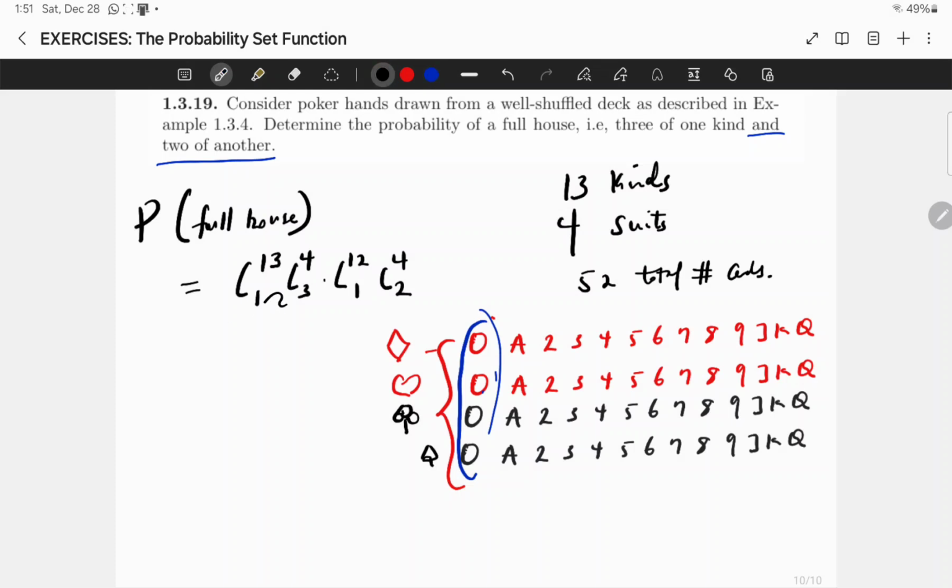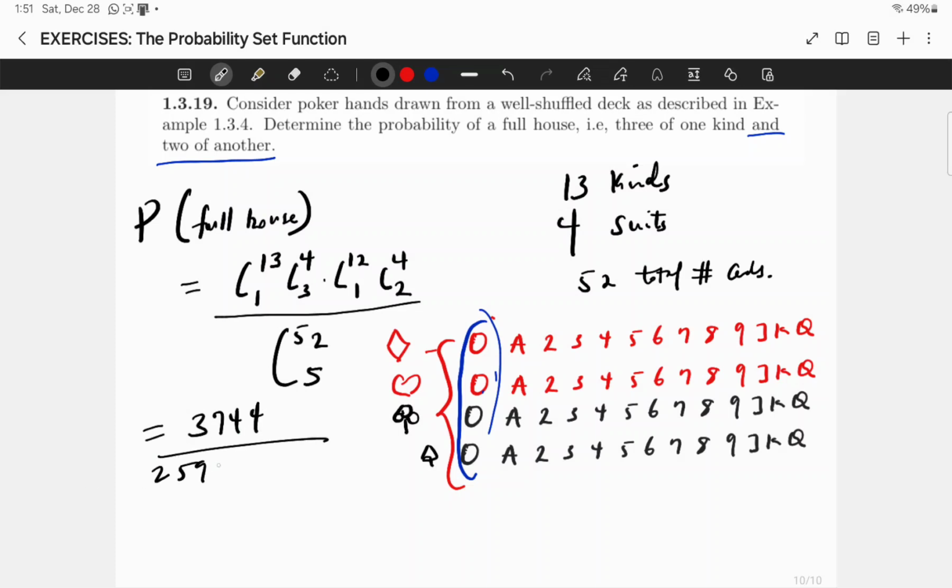And our total outcome is 52 choose 5. Then if you solve that carefully, you have 3744 over 2598960.